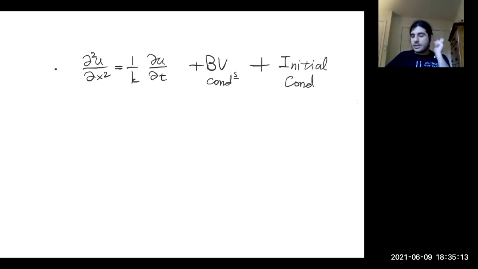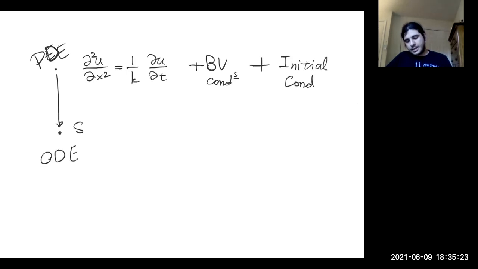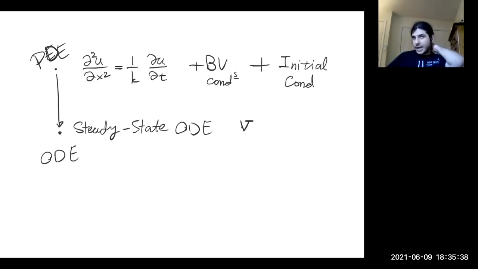And we took the limit from this PDE, sorry, and we got an ODE, which was the steady state ODE. And we solved this one. So this was an equation for v. We solved this one and we found the answer.